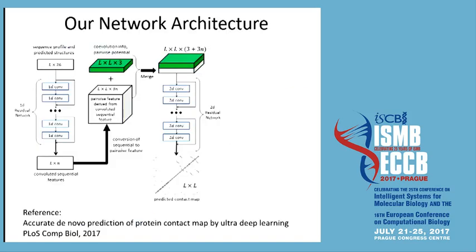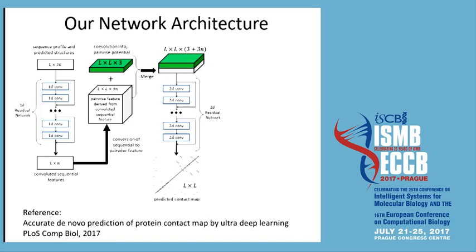Here is the architecture of our deep learning model. Starting from the sequential features, we do the 1D convolution transformation about 10 times. Then we convert the sequential features into pairwise features, and combine the original pairwise features with the converted ones to form new pairwise features. Then we feed these new pairwise features into the 2D convolution transformation, and finally we predict the contact map.